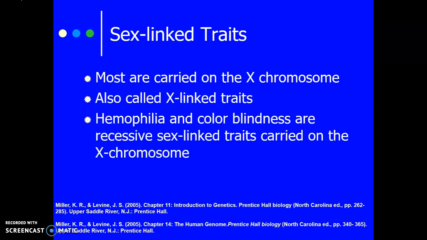Some examples of those are hemophilia. You all that are history buffs know that Queen Victoria spread hemophilia genetically throughout the royalty of Europe. In fact, the last Tsar of Russia, son, had hemophilia. It's a bleeding disease. They can't clot their blood. Color blindness are also related to that recessive gene that's found on the X chromosome.